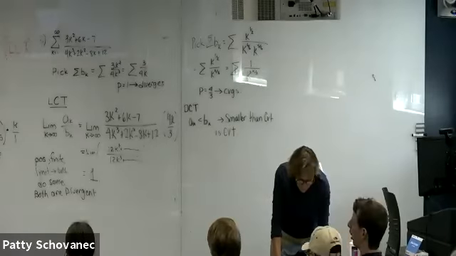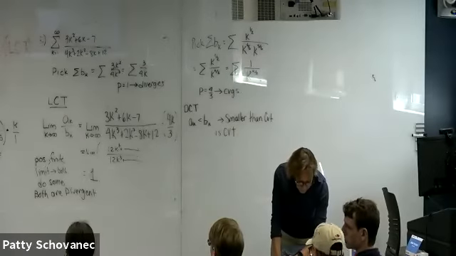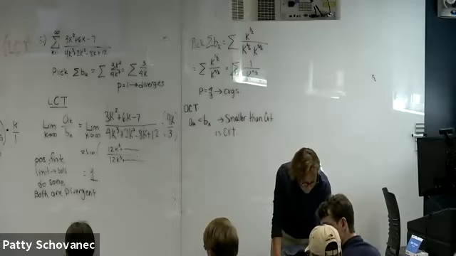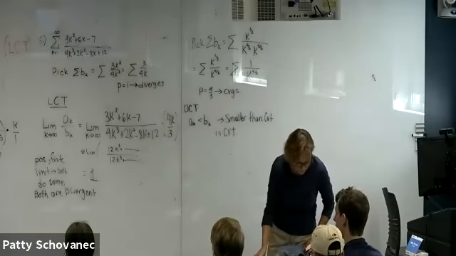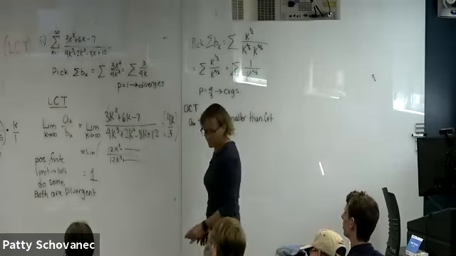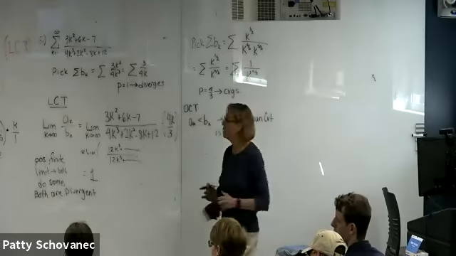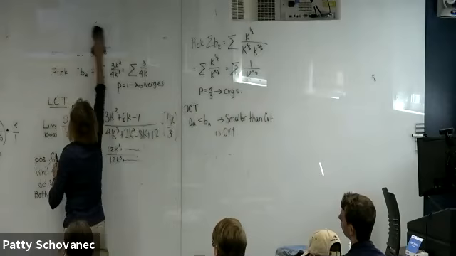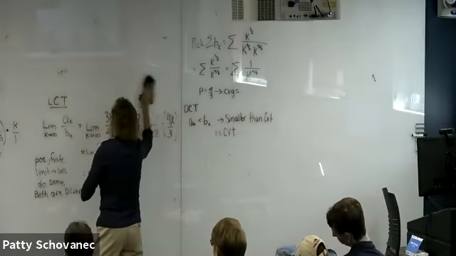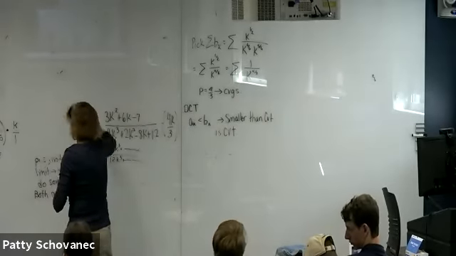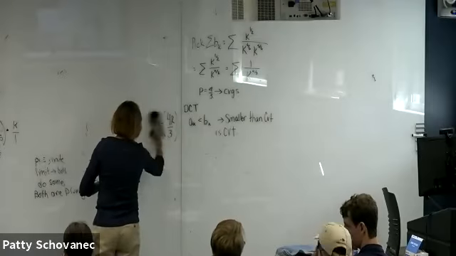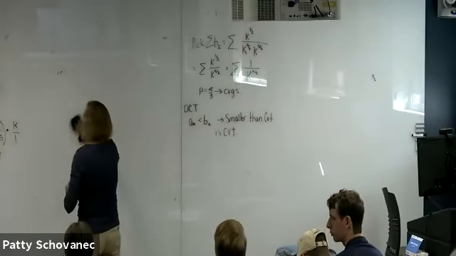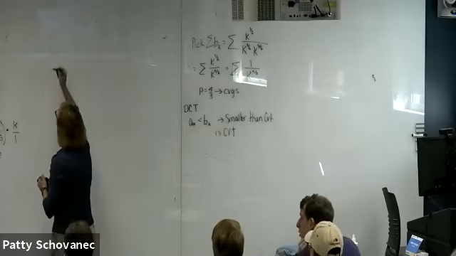If we had a sine squared of k, it could be the exact same thing. But not necessarily. What would you do for this one? I guess you could do tangent squared.